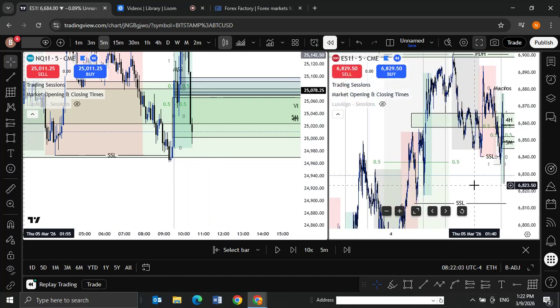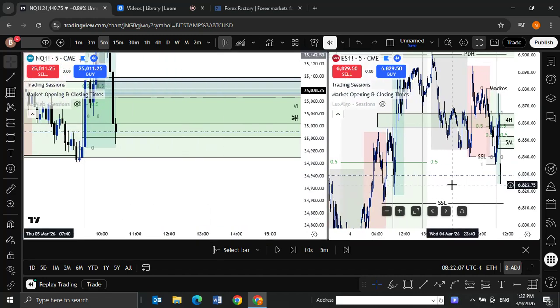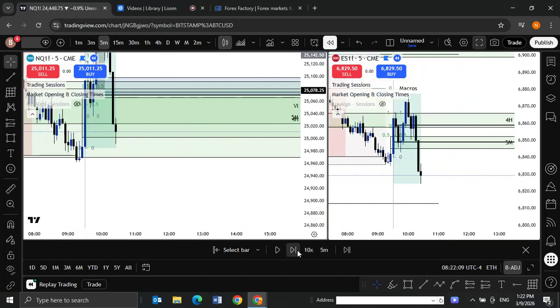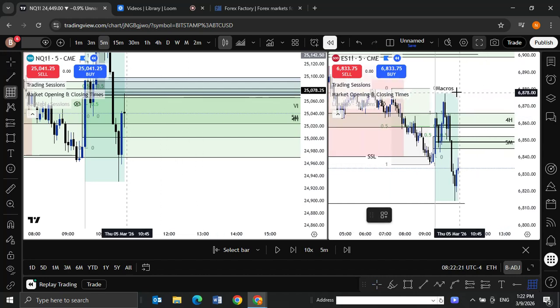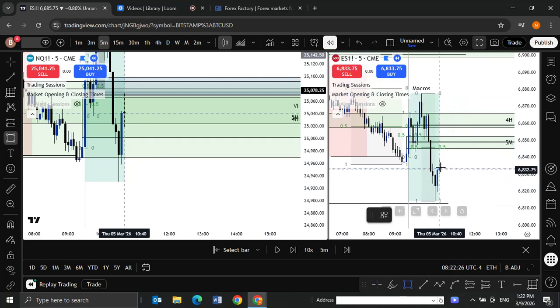Otherwise, I don't think I would trade that. I would just avoid it. So let's see if price comes back higher, then yeah. Okay, goes higher. Okay, nice. So let's check quickly. Yeah, this value gap is important up to this point.